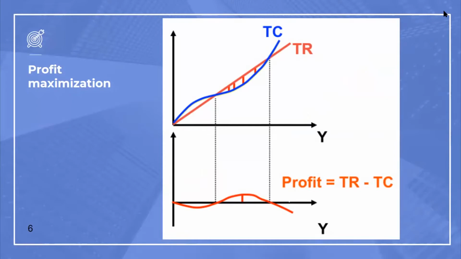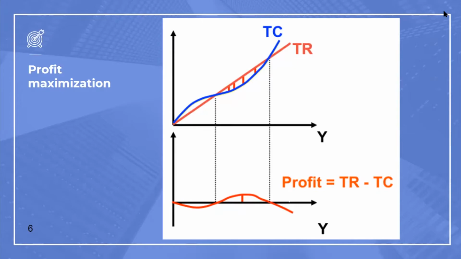In the upper graph, the total costs are above your total revenues, which means that at that specific price, the total revenues, which are price times the number of units sold, are very small and can't cover the actual cost of production. Therefore, when you see the profits in the bottom graph, you see that the profits are negative.